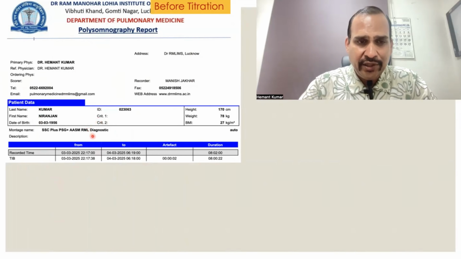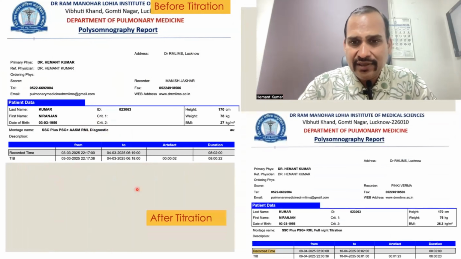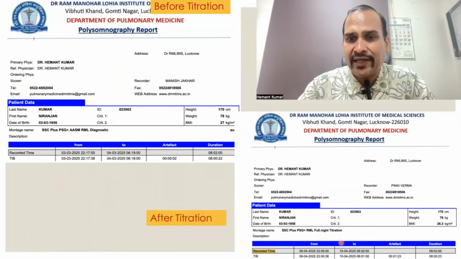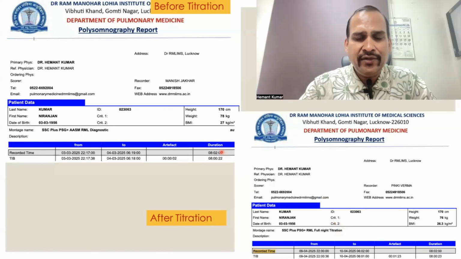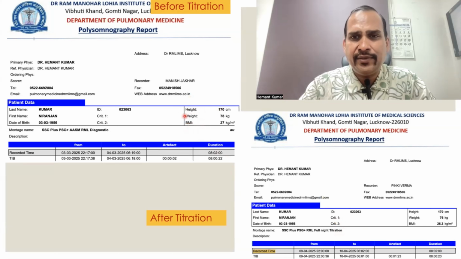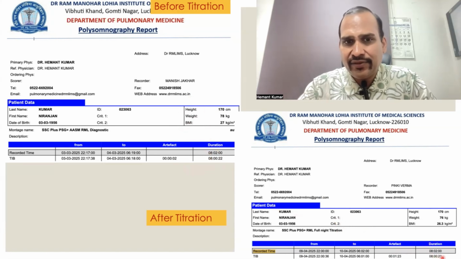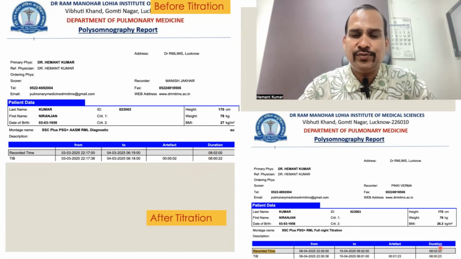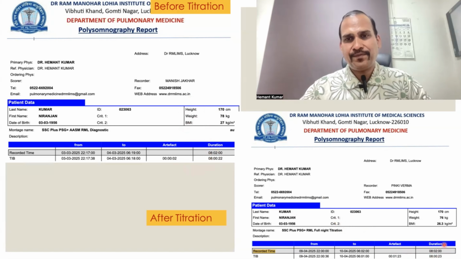So this is our diagnostic part, the first page. Here you can see this is diagnostic. Once we did titration, it is written as titration. Again we have to check height, weight, BMI, and see that the study was done for 8 hours, and we did titration also for almost the same time.